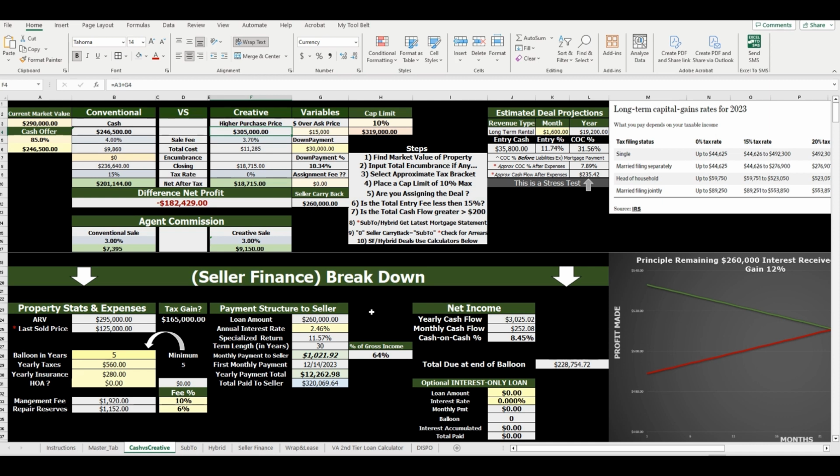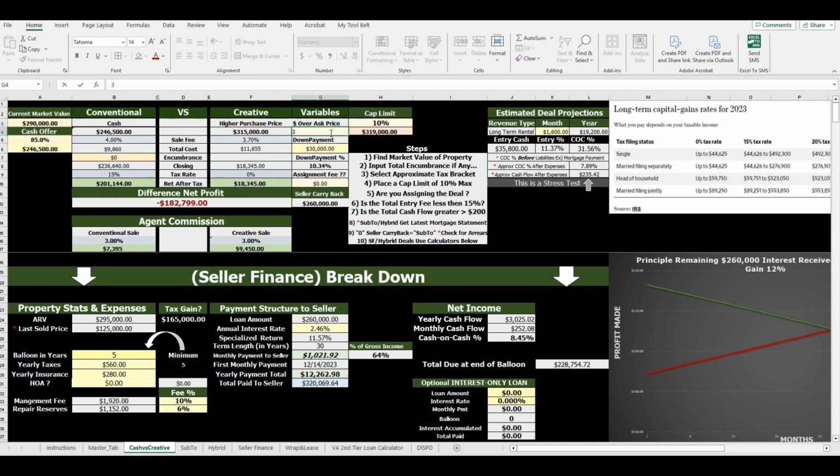Great question. The sales price of the property is going to be the $290, because that is today's current market value. The 3% commission that the agent is going to receive, I have no problem giving them 3% off of the 305. Or in this case, it would be 320. So let's bump that up, because we never updated that.